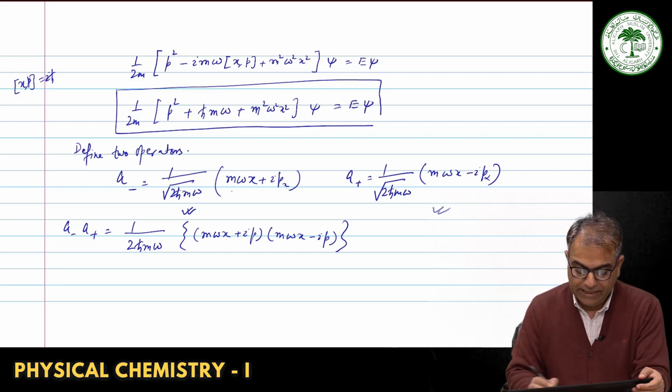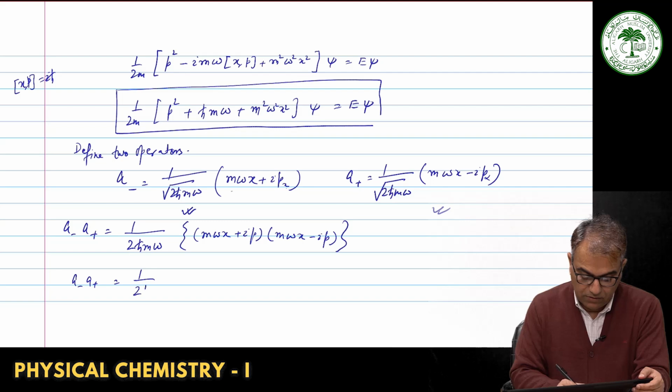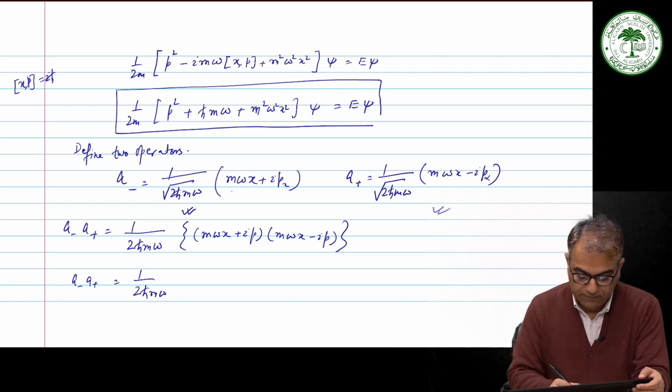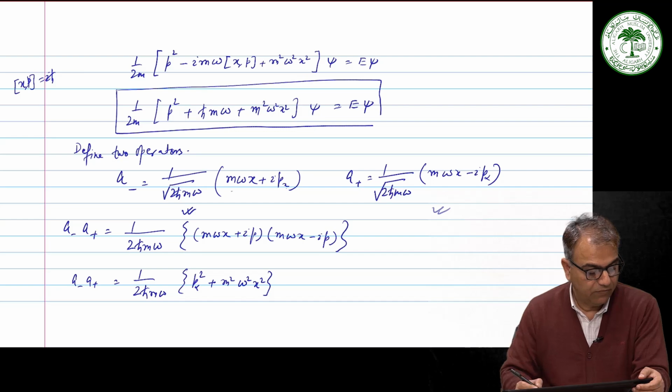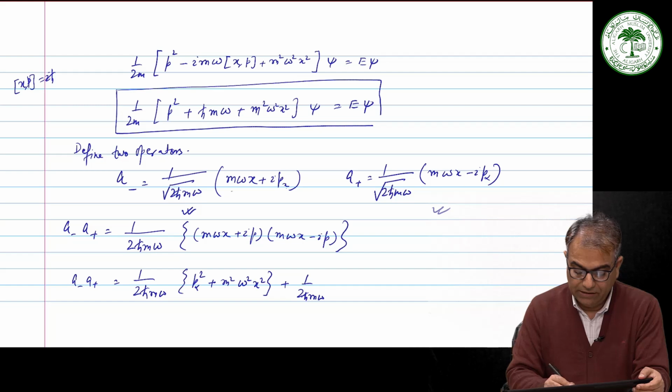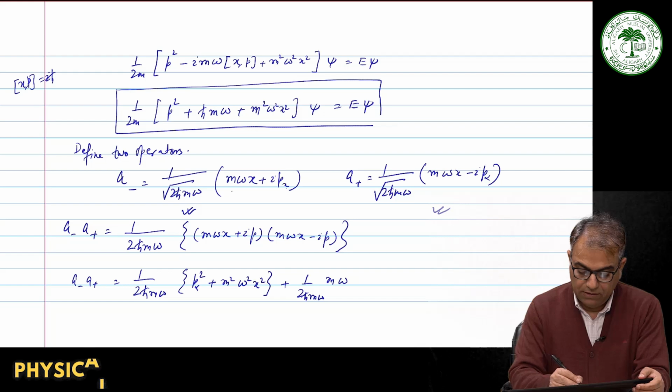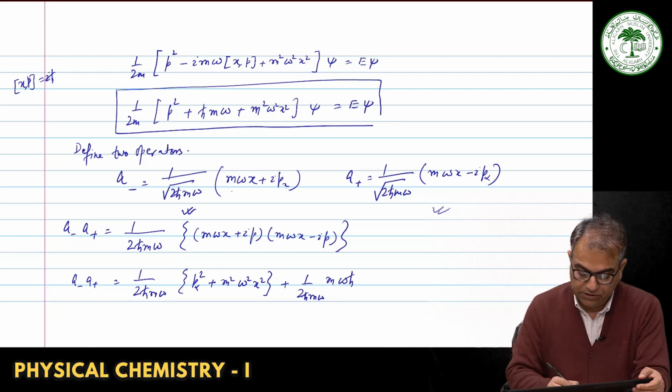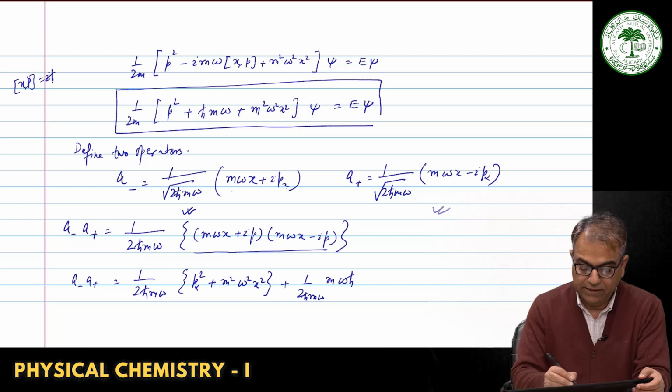Okay. And again you do this whole exercise. What do you get? Finally, you get 1 by 2 h cross m omega, times p x square plus m square omega square x square on one part, then you get 1 by 2 h cross m omega, and the remaining part m omega x m omega h cross, because this we have already done earlier, and we got the same results here.